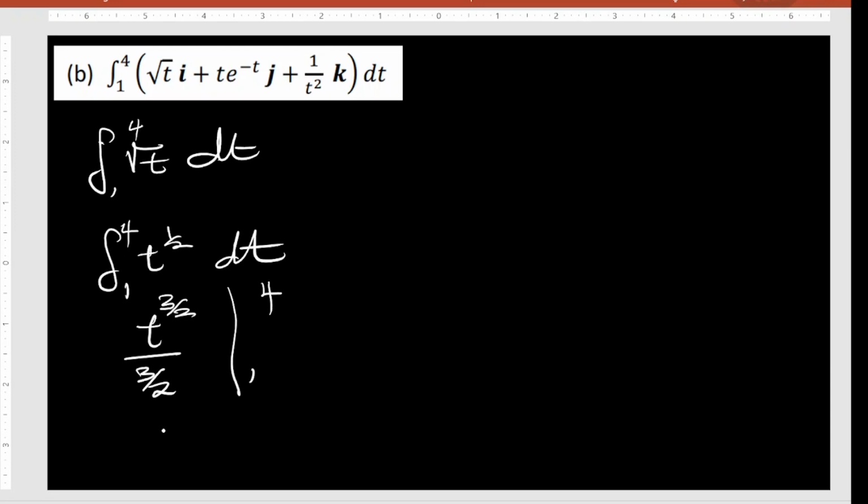And this becomes 2 over 3 t raised to the power 3 on 2. Remember, this is a fraction over a fraction, so we reciprocate and multiply. Let's throw in the upper limit, which is 4. So that will be 2 on 3, 4 exponent 3 over 2.